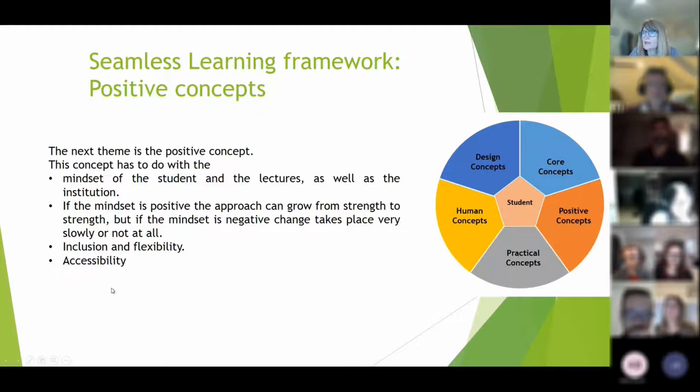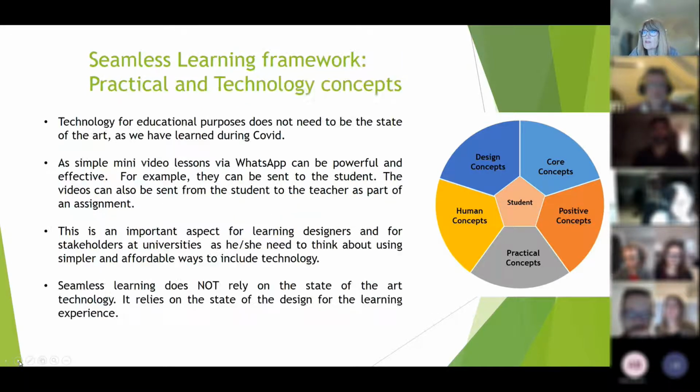And then let's look at the next one, and that's a practical one. So the practical also includes the technology aspect. Technology for educational purposes does not need to be the state of the art. Technology is one thing that we need to think about in terms of a tool.